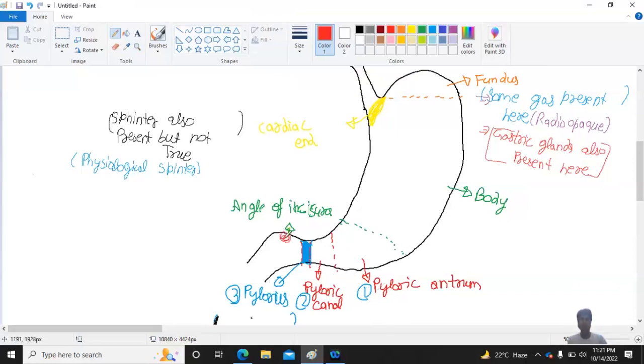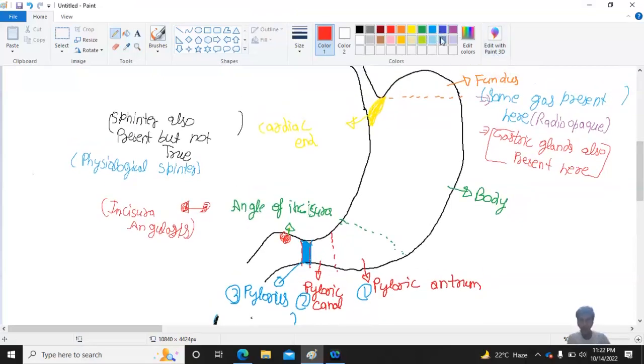This is called the angular incisure, or angularis. Both are common names and both are the same.